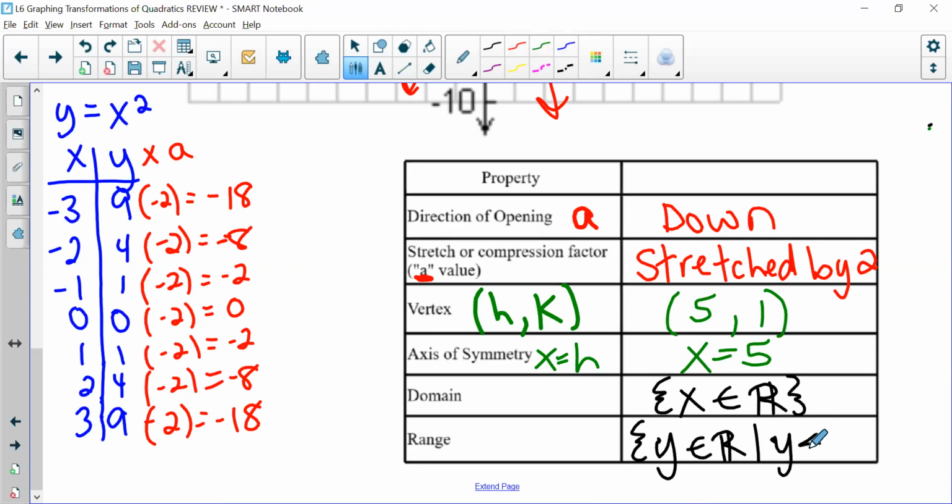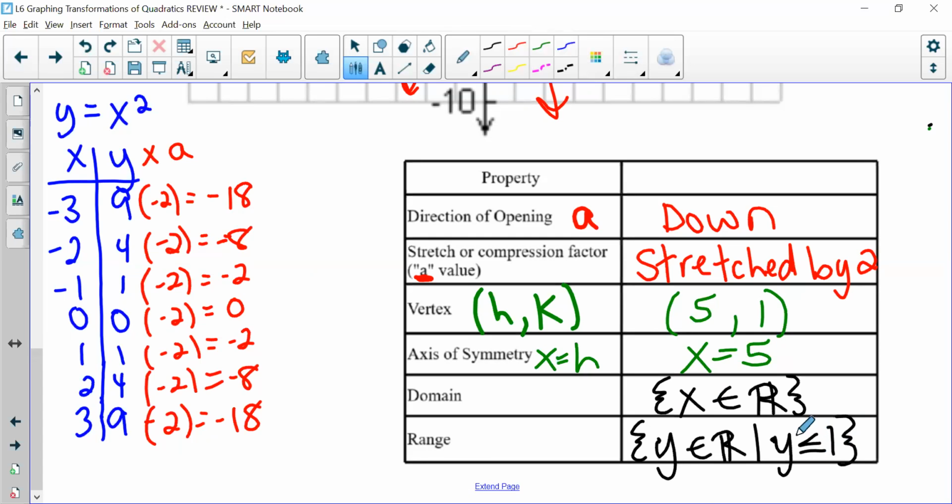Yep, I'm reading your mind. I have the power to read minds now, Lauren. And then it's minus, I can't remember what the value was. What was it again? It's your K value. Minus 1. One. Good, good. Awesome.